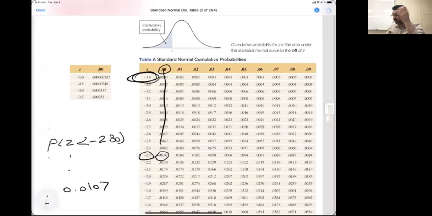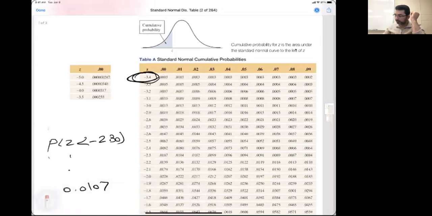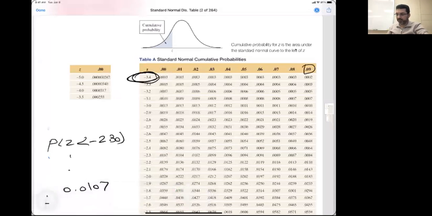Of course, you will not find negative 10 here. Why? Because as you can see here, the minimum number in this table is negative 3.49.